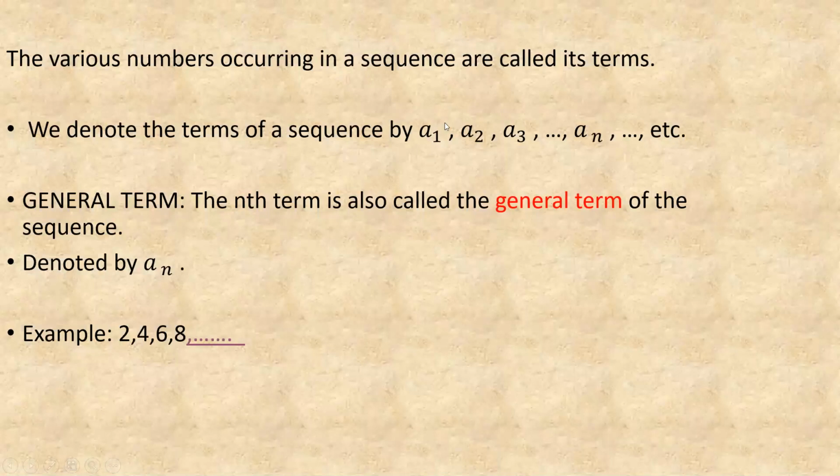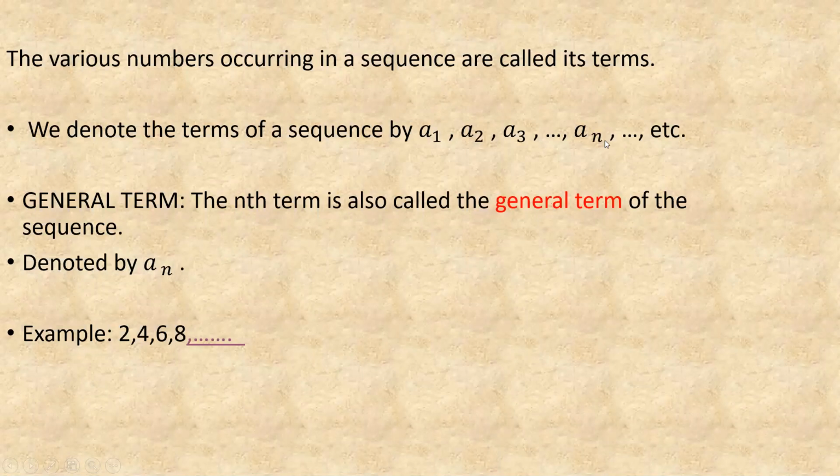So A1 will represent what? The first term. Very good. So A1 will be the first element, or we can say first term. Similarly, A2 will represent second term or second element.